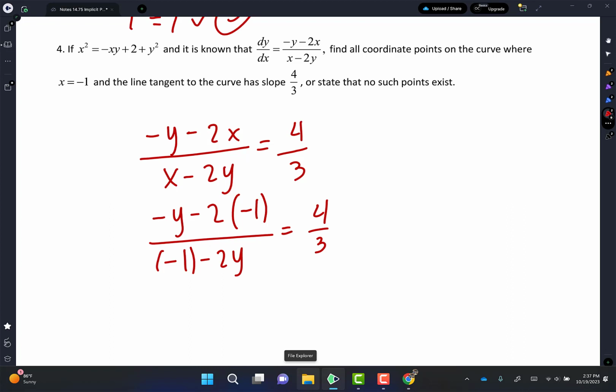And then that is negative y plus 2 over negative 1 minus 2y.